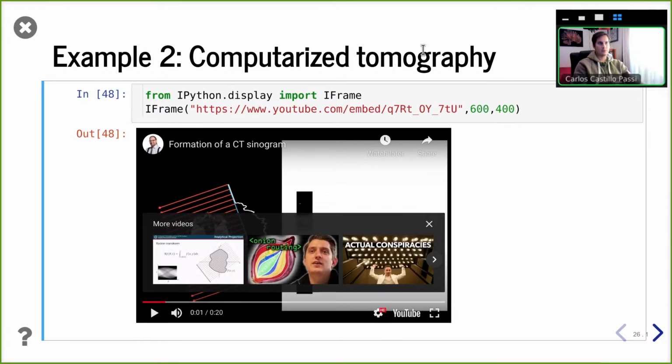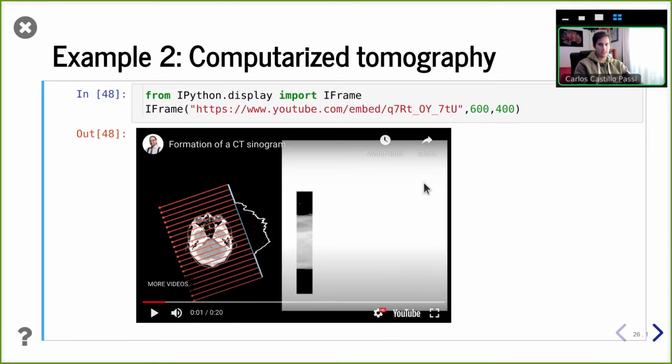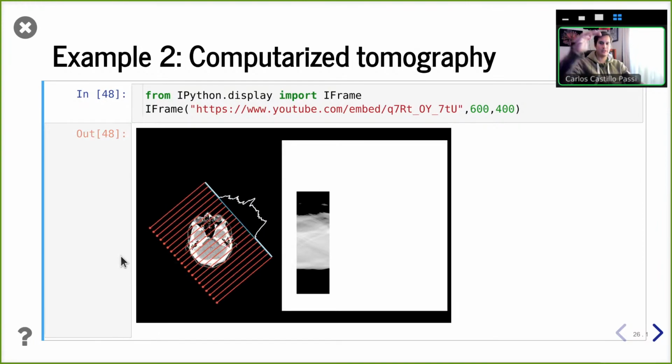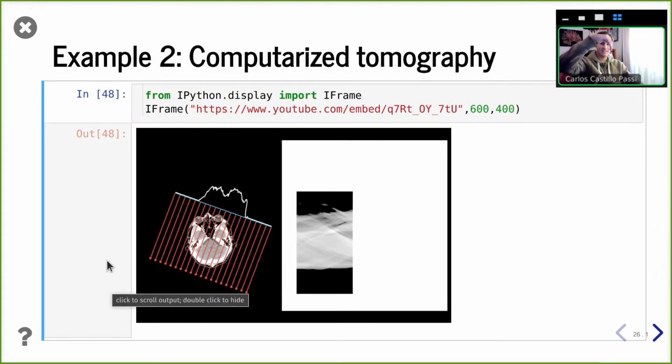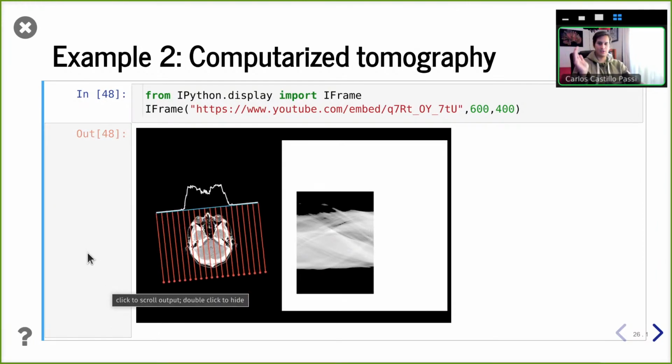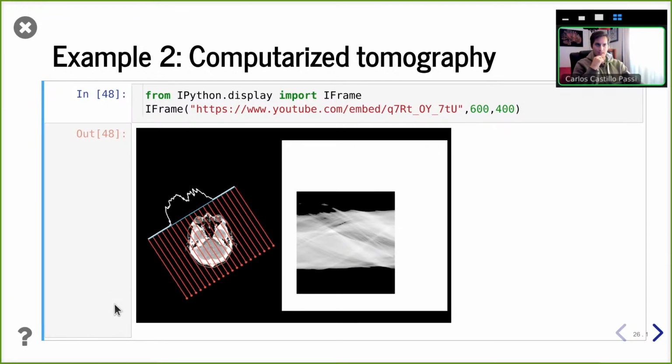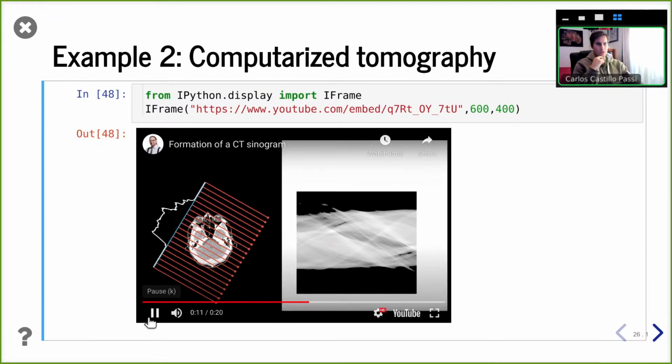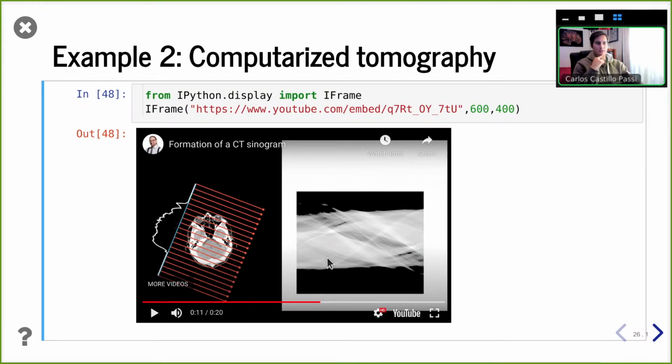And the computerized tomography, in contrast to just regular X-rays, it's like you have an X-ray at every angle. So you're rotating your X-ray source and getting the data at the other side. And basically what you're acquiring is the thing you see here. This is called a sinogram.